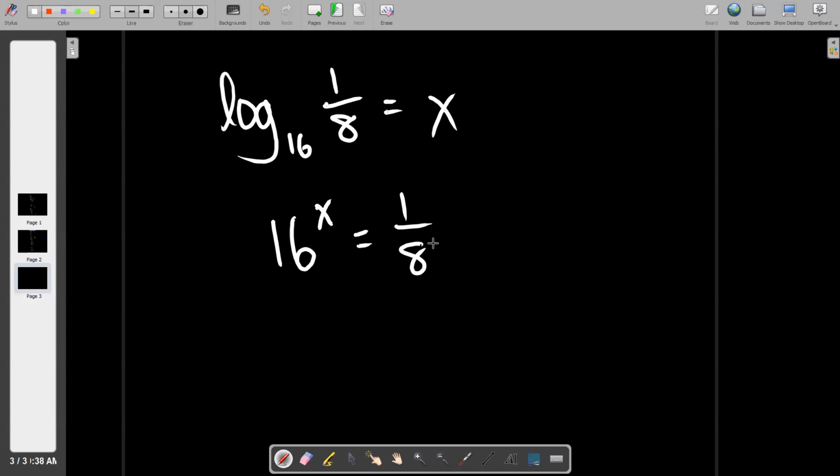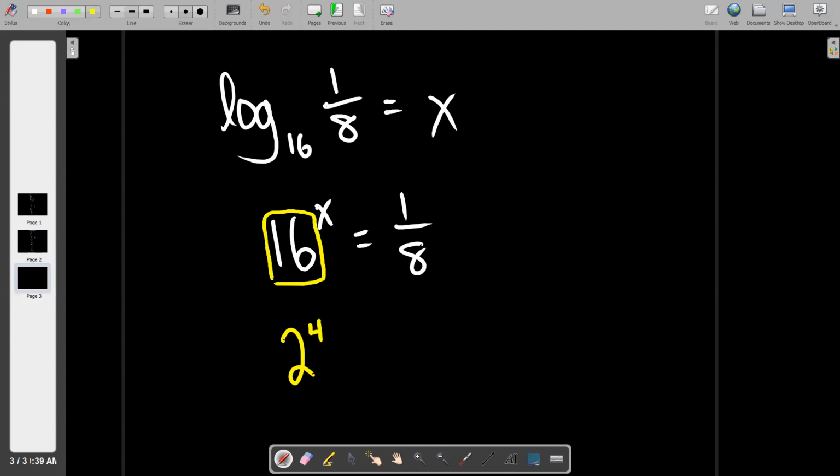So now we're thinking about those numbers and what are they both powers of? They're both powers of 2. So if I take the number 16, I recognize it as 2 to the 4th. 2 to the 3rd is 8.